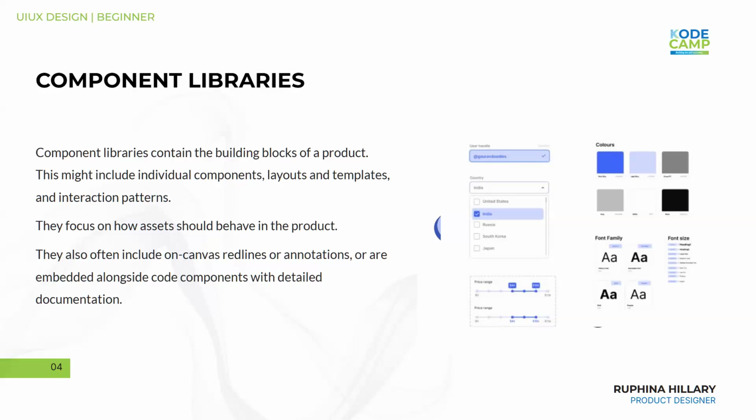So now you have a button, right? A component library containing a button will talk about things like: if this button is clicked, what should happen? All right. If I'm hovering on this button, what should happen? In what situation is this button color or this button size appropriate? Those are the different questions you'd ask yourself when it comes to components and styles.